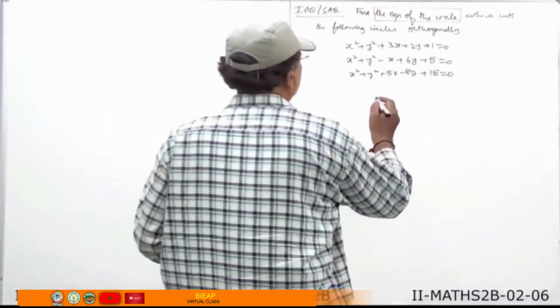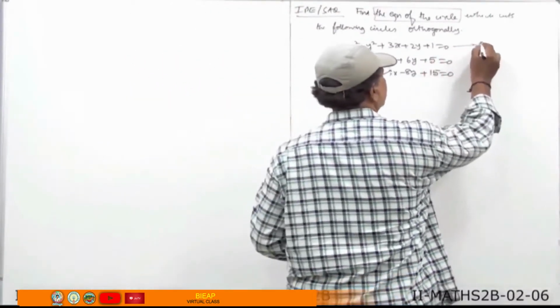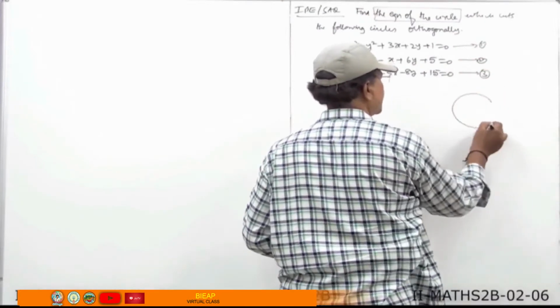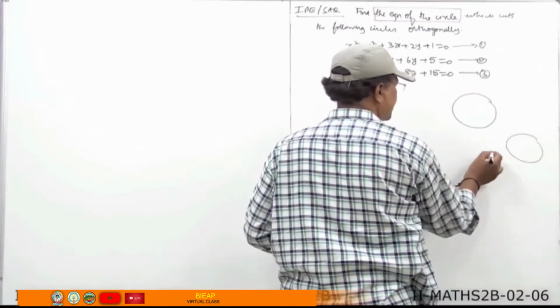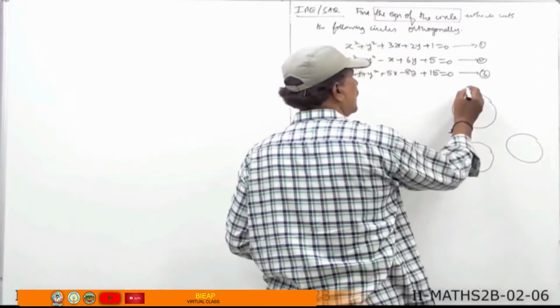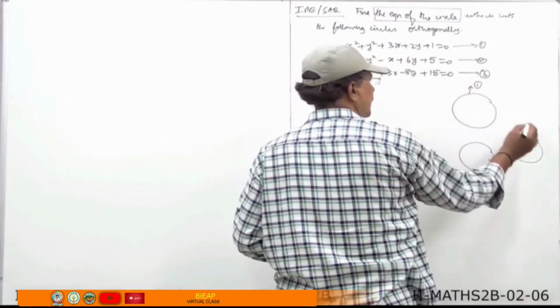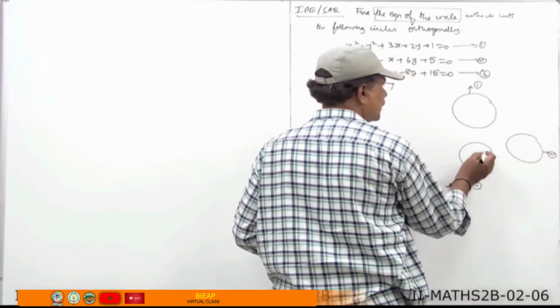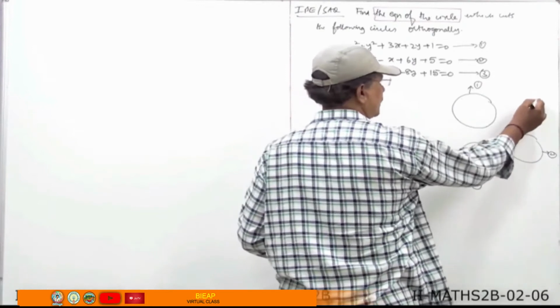Therefore, first of all I call the given three equations 1, 2, 3. I take three circles like this: first circle, second circle and third circle, equation 1, equation 2 and the third one. We find the radical axis of the first two.